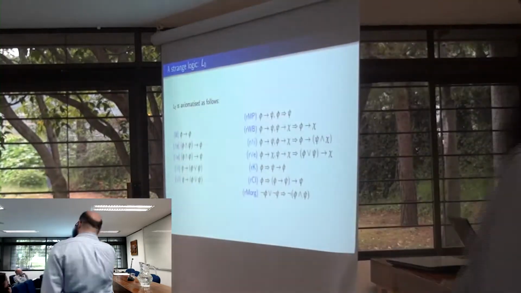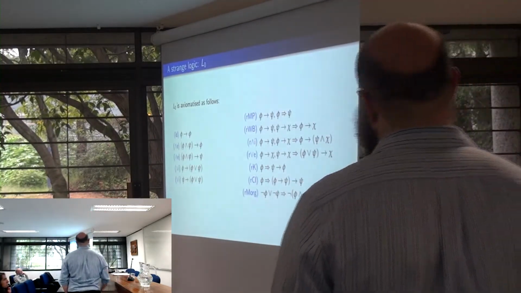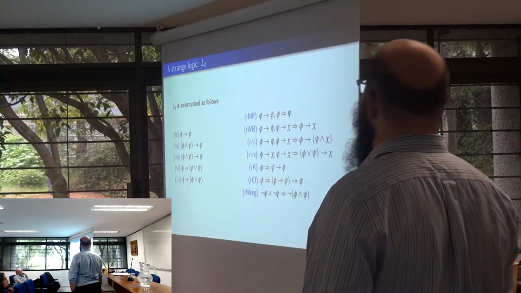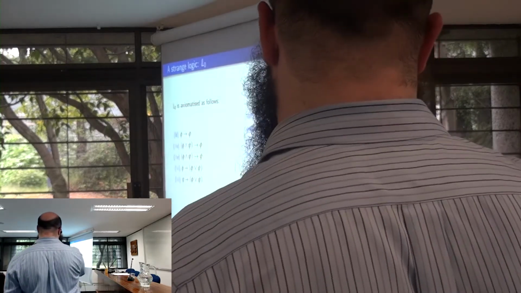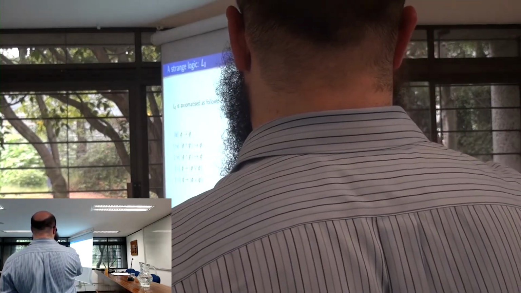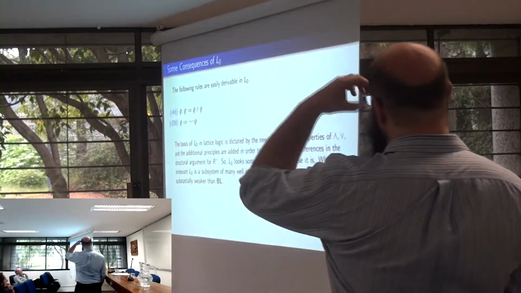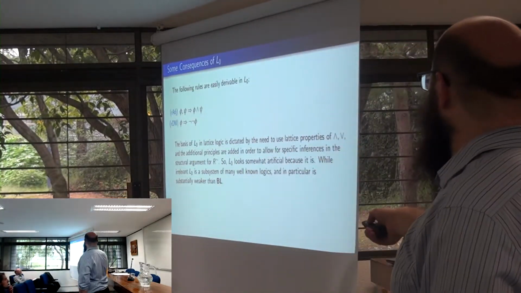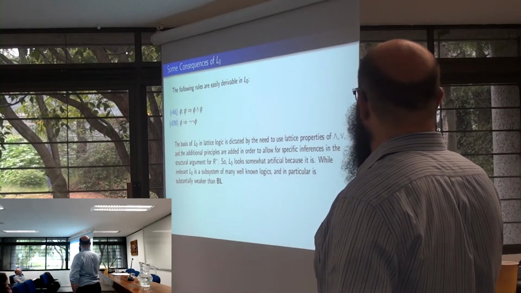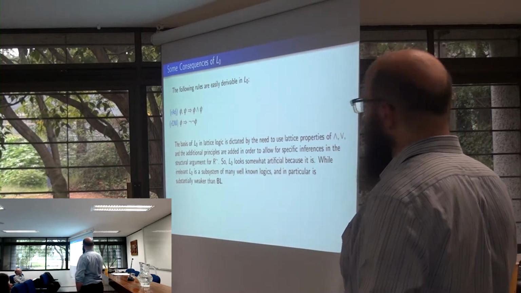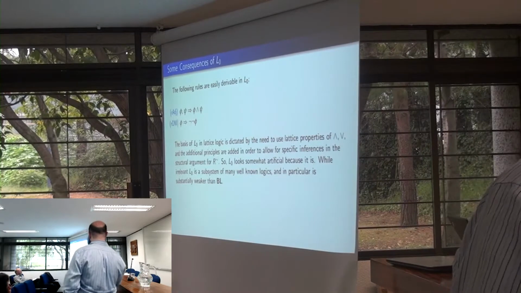So this is a very strange little logic. On the one hand, it's pretty weak in terms of just extending lattice logic, not even distributive lattice logic or B. But on the other hand, we have these somewhat bizarre ad hoc looking rules thrown in. As I said here, we have lattice logic, and that is just dictated by the need to use lattice properties of these things. Basically, every part of L0 is there just because we need it in some version of the proof.